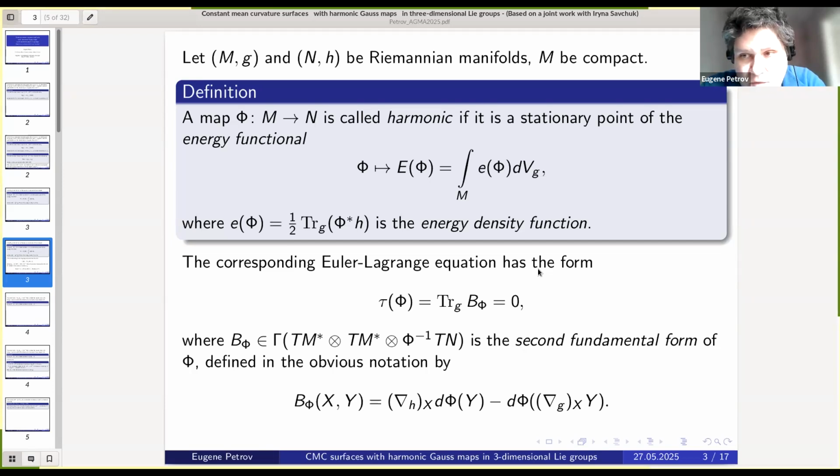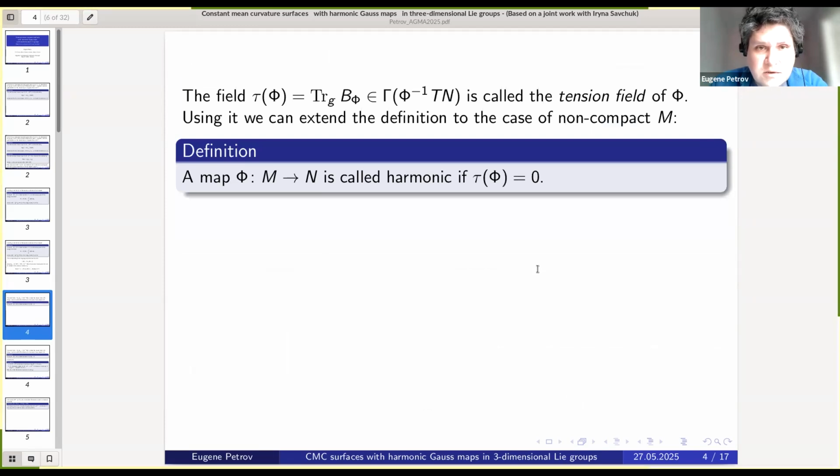Here, the second fundamental form is a more or less obvious generalization of the second fundamental form of a submanifold. This field is a section, a field on M with values in the pullback bundle; this field is called the tension field of phi.